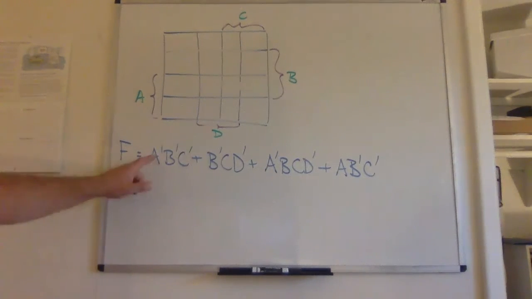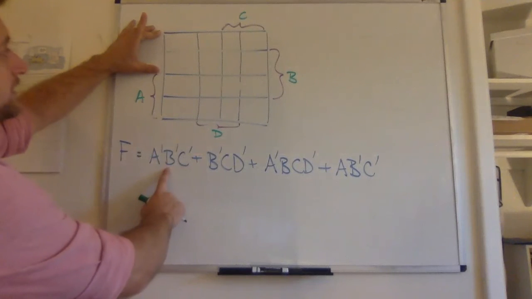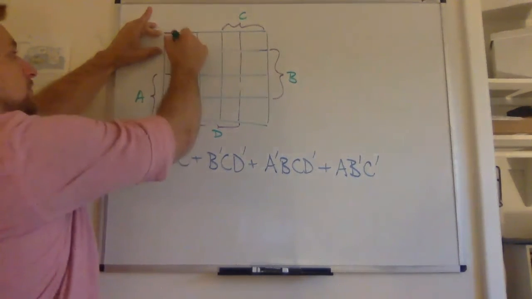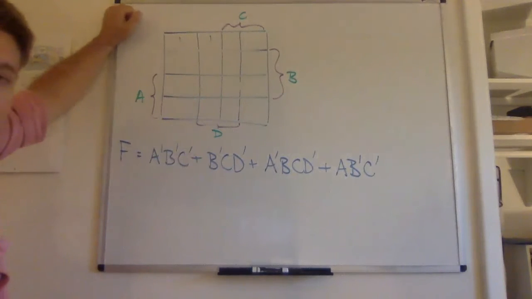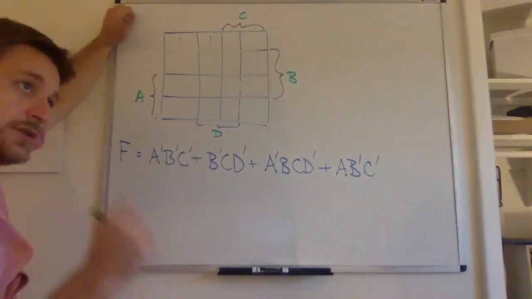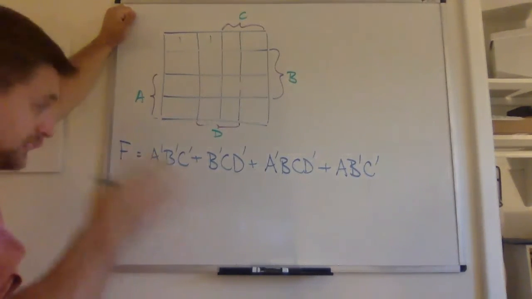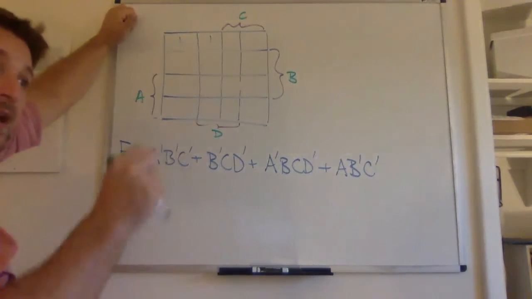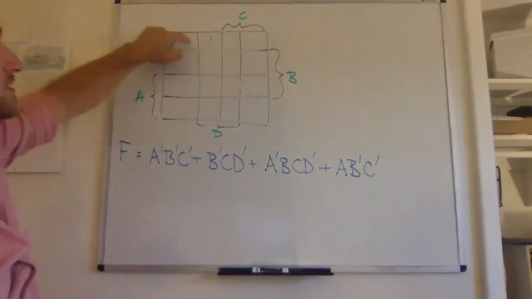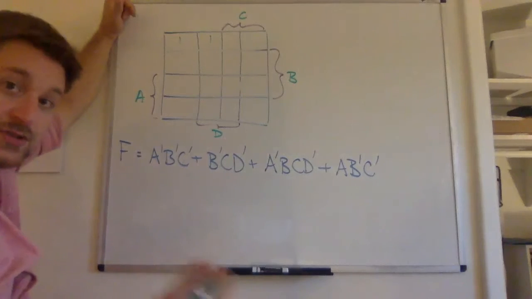Okay, A complement, that's everything up here. B complement, that's everything up here. C complement, that's these two. A 3 literal expression in a function of 4 variables is reduced by 1 literal from a min term, which means it's 2 squares next to each other, because that's what 2 squares next to each other do in the K-map.